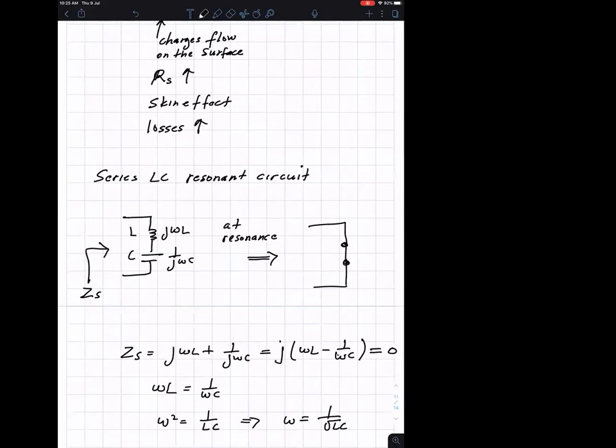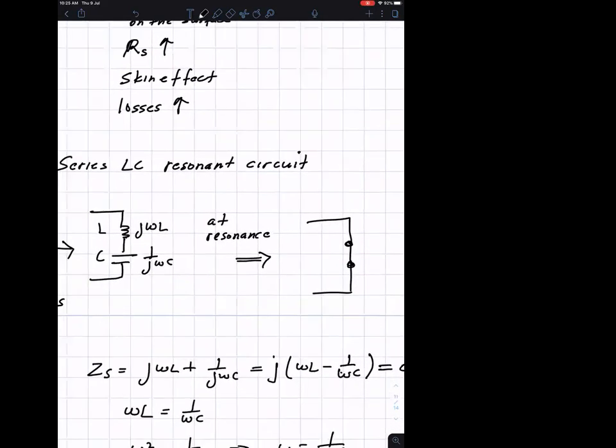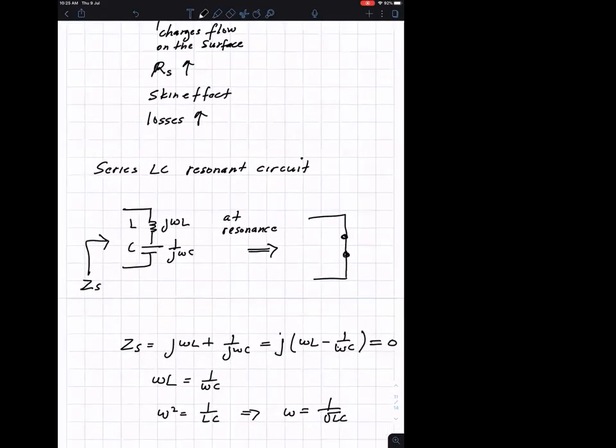There are also good things. We can also make good use of this transmission line effect.